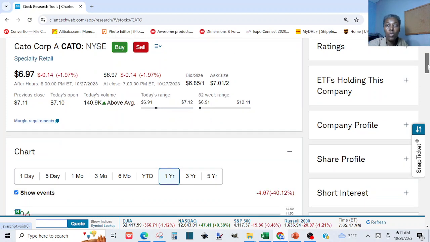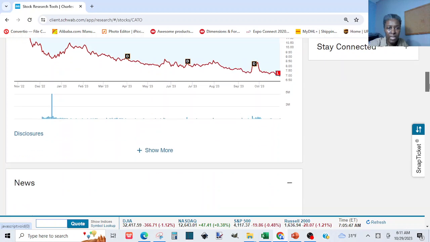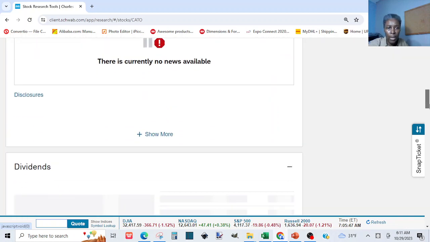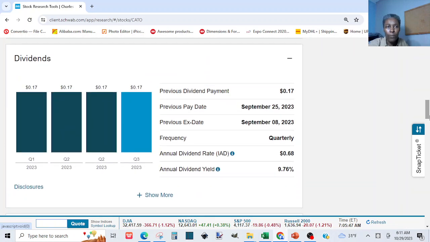So the next thing you will look for is the dividend. You want to scroll down, and there are a few things from the dividend section that you want to record on your spreadsheet. Keep in mind that the annual dividend yield does change as well, not on a regular basis, but it does change because it's affected by the price.